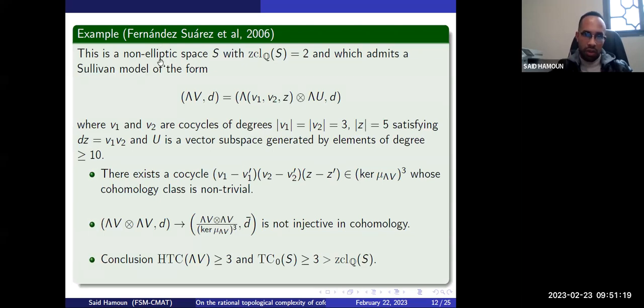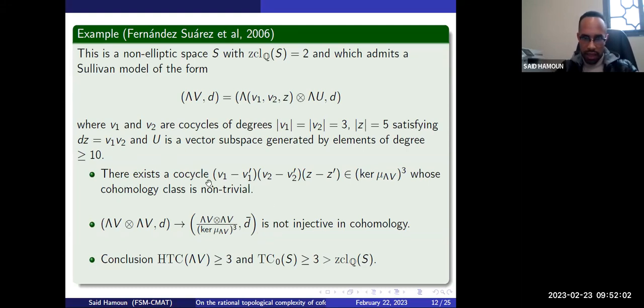It is about a non-elliptic space S with the zero divisor cup length equals 2, and whose minimal model is given by lambda v1, v2, z tensor lambda W, where v1 and v2 are two cocycles of degree 3, and z is of differential given by the product v1 times v2, and W is a vector subspace generated by elements of degree greater than or equal to 10.